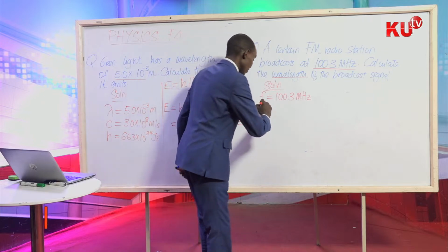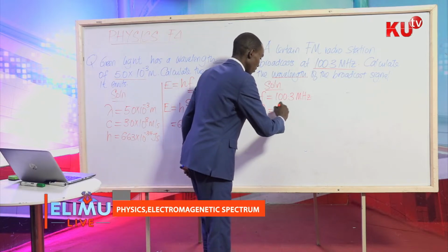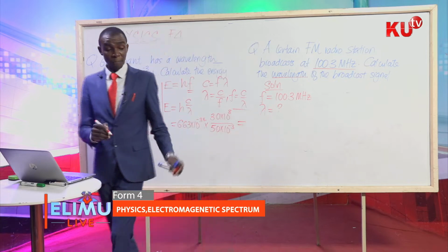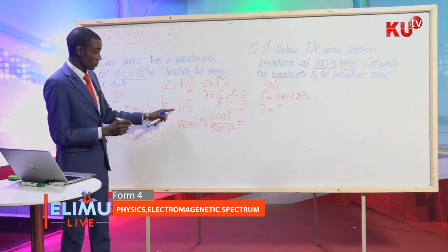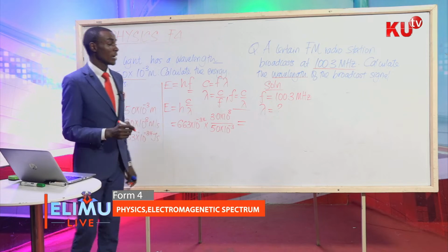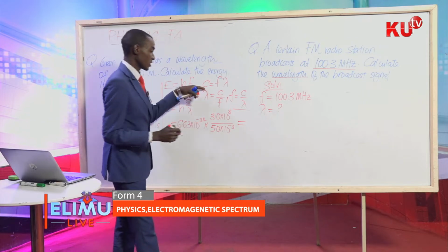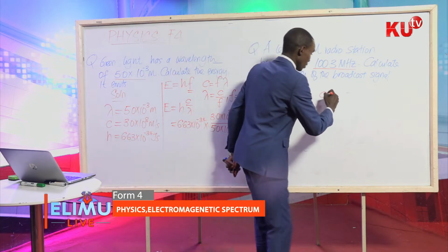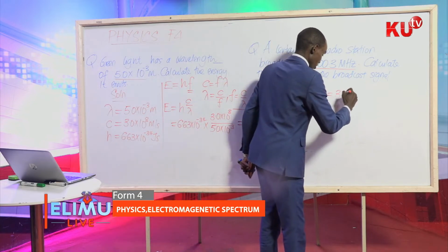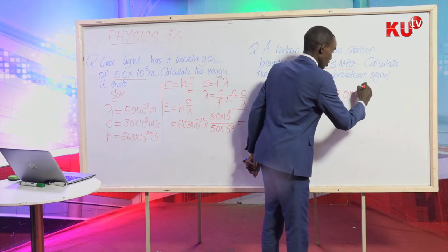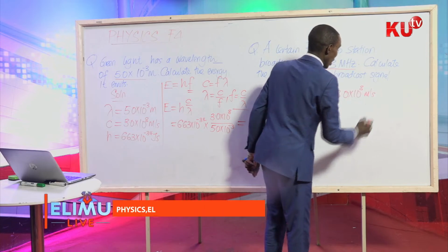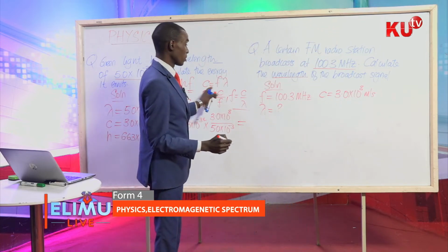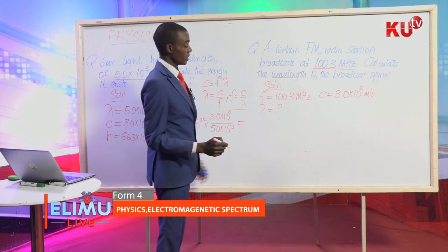What you don't have is wavelength. So between the two equations, which one applies? Obviously, the second one will apply in this case because we know that C is given by 3.0 times 10 to the power 8 meters per second. And applying this equation, we can find what lambda is going to be.